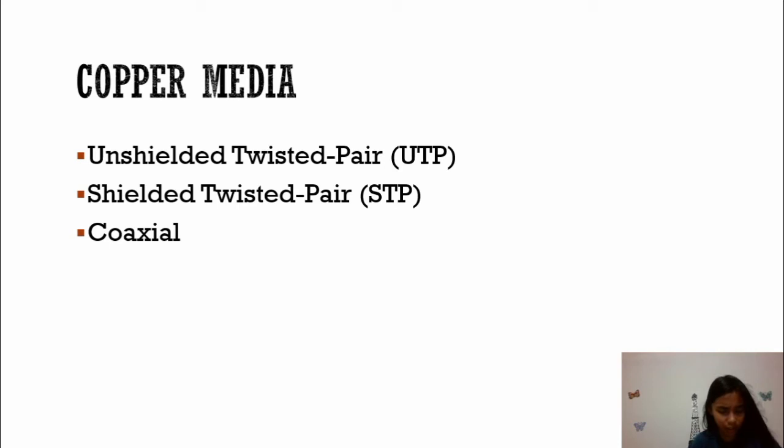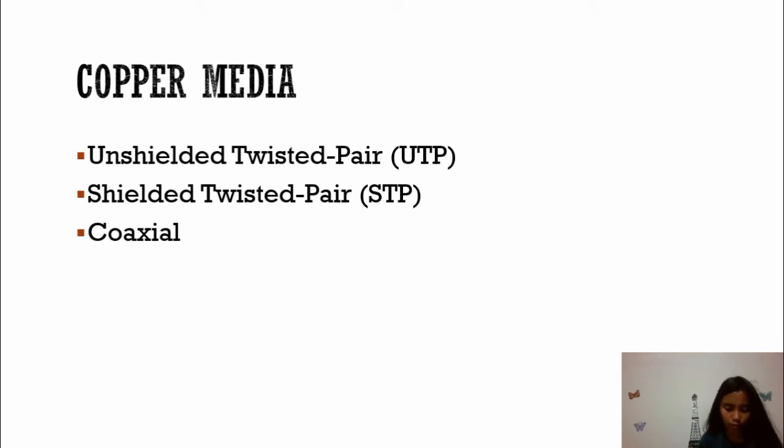The unshielded twisted pair is the most common networking media. UTP cabling is terminated with RJ45 connectors, and is used for interconnecting network hosts with intermediate networking devices like switches and routers.